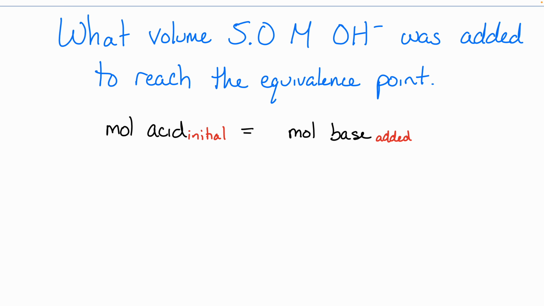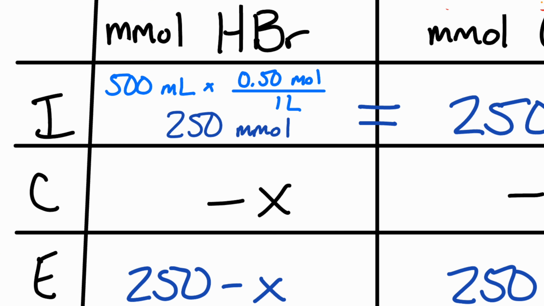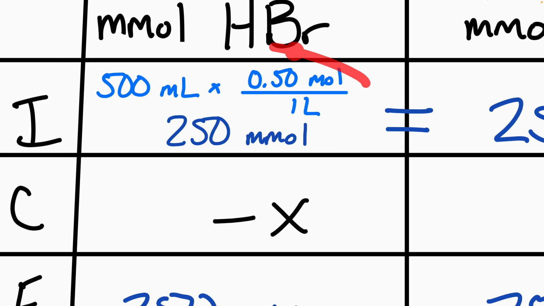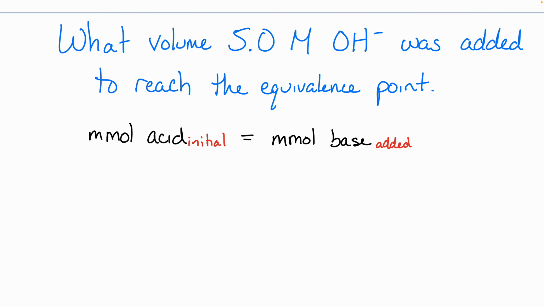Or in this case, because it was more convenient, we want to use millimoles of acid equal millimoles of base added. All right, well, how many millimoles of acid have we been starting our titration with? 250. So that means we have 250 millimoles of hydroxide at the equivalence point.